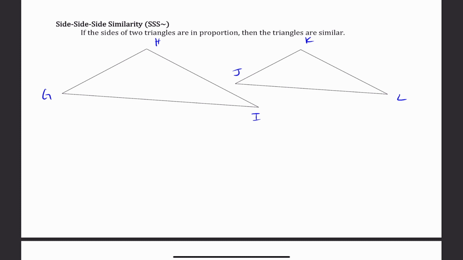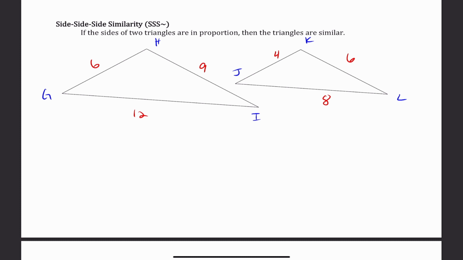Let GH be 6, let HI be 9, and let GI be 12 for this larger triangle. For the smaller triangle, let JK be 4, let KL be 6, and let JL be 8. So then I'm going to show an example of how the side-side-side similarity works.